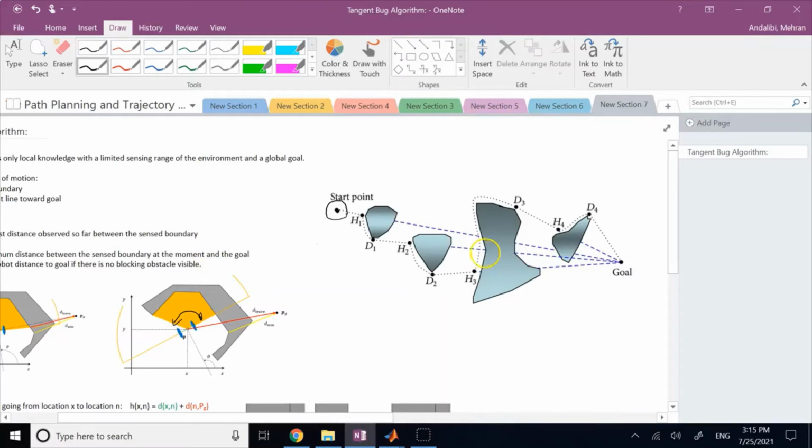But of course, if you remember, we said the tangent bug in general might or might not have static objects. The objects could be dynamic, so maybe there is something coming from behind and hitting you. Then having a scanner that can scan behind you is good, so if something is getting too close to you, get out of the way. But for now, let's say there is no collision danger from behind.